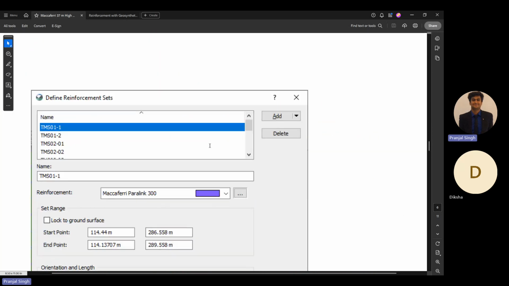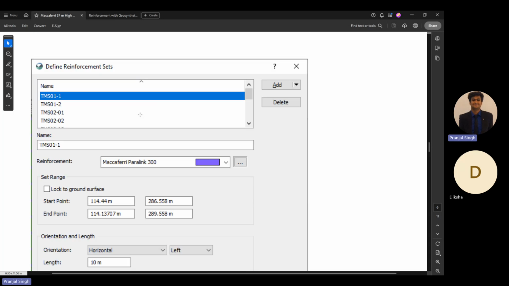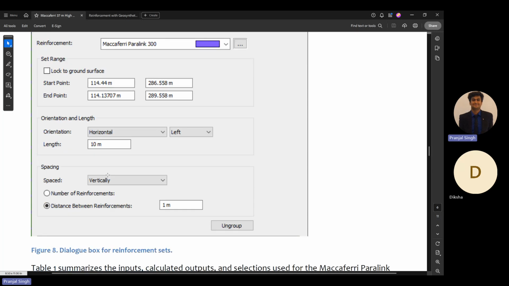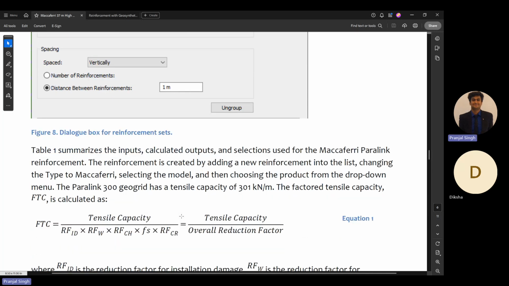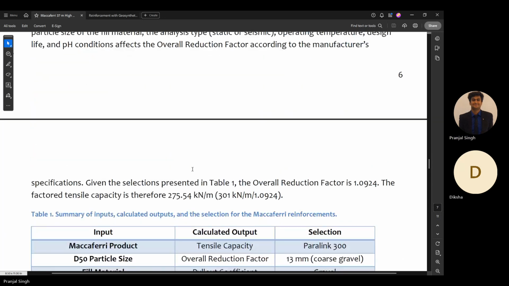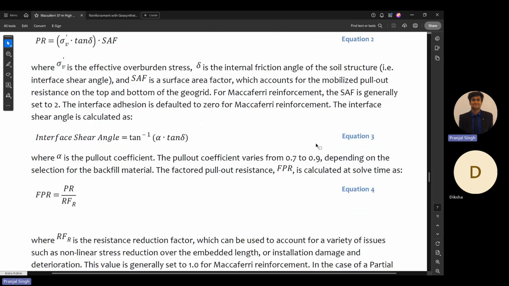This will not include the active wedge. And so you can see that this is how you design the different reinforcement sets. This is the topmost one, where the length is 10 meters and the spacing is about 1 meter. And you calculate what the reduction factor is. And these are some of the properties.